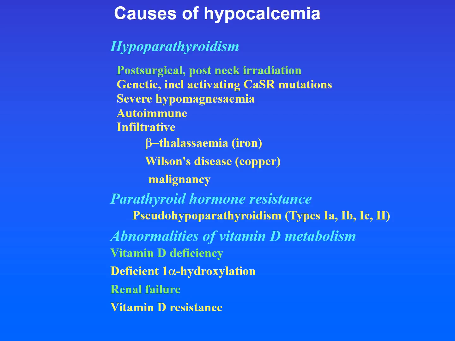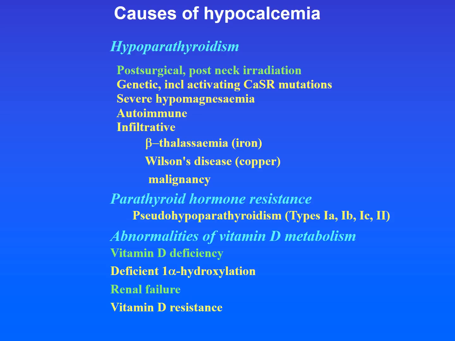Parathyroid hormone resistance, I'm going to talk a little bit about that, can occur as well. These are individuals who have plenty of parathyroid hormone, but the signaling to the effector tissues is impaired by mutations which inactivate important proteins in the signaling cascade that communicates the extracellular parathyroid hormone signal to the cells.